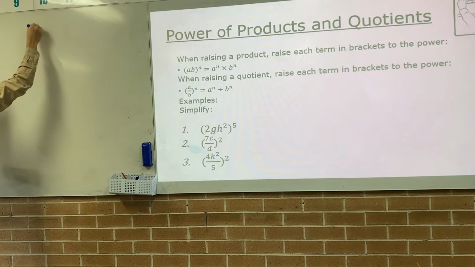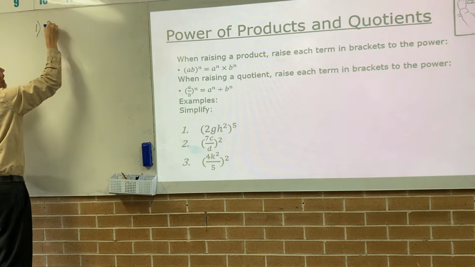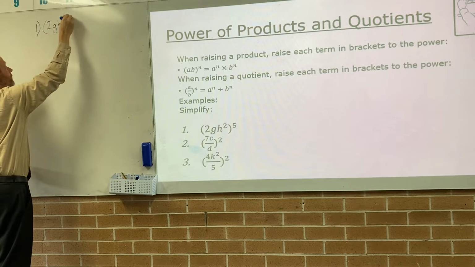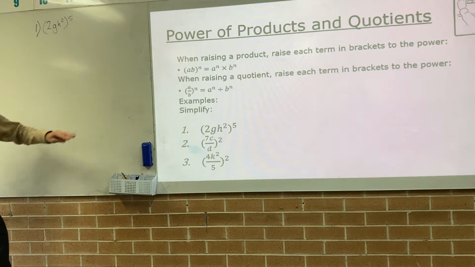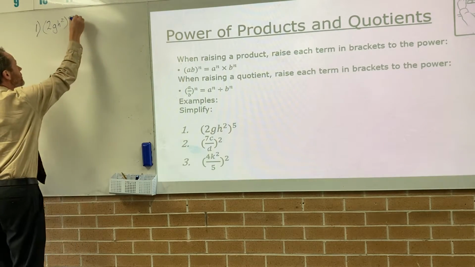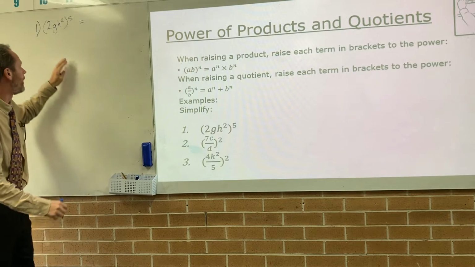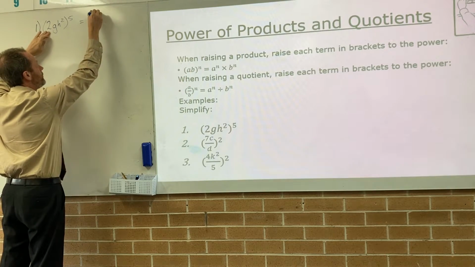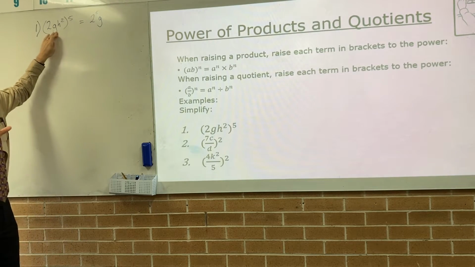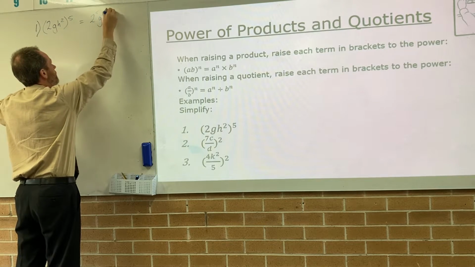So question 1, for example, is 2gh squared to the power of 5. Now, I'm just going to shortcut it a little bit. What I actually have is, I'm doing every term raised to that power. I've got 2 to the power of 5. I've got g, and in case you're a bit unsure, g on itself is g to the power of 1 times 5.